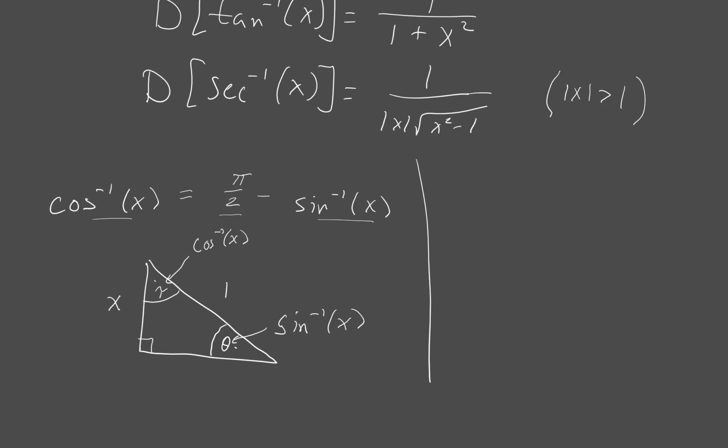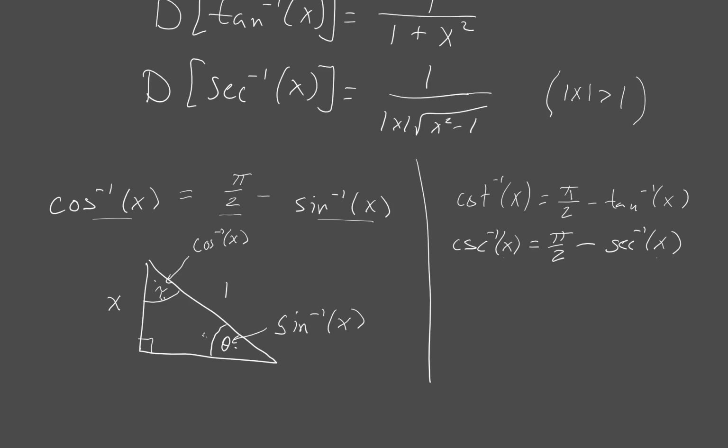Similar relationships hold for the cotangent inverse of x, which is equal to pi over 2 minus the tangent inverse of x. These are complementary angle identities. And the cosecant inverse of x is equal to pi over 2 minus the secant inverse of x. It's the same idea. If you draw the triangle, the complementary angle gives you the other angle, which has that same ratio.